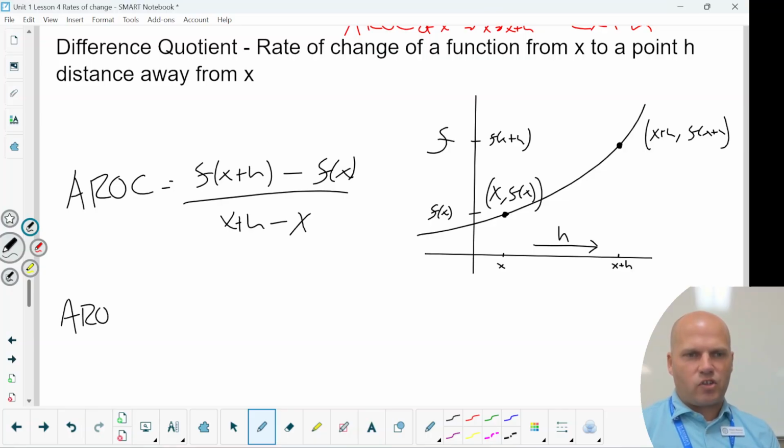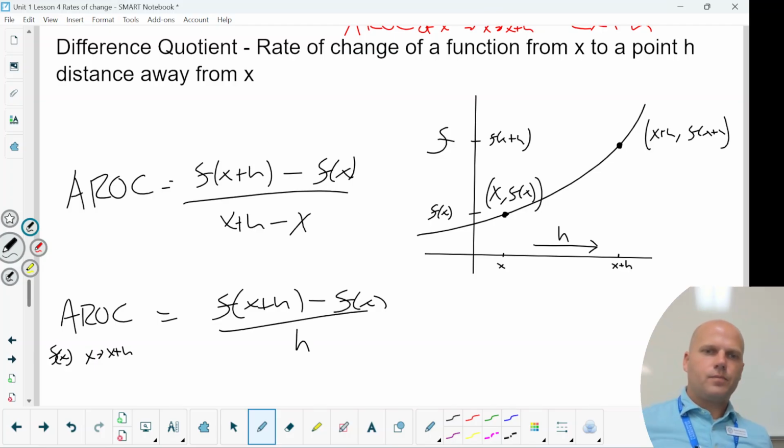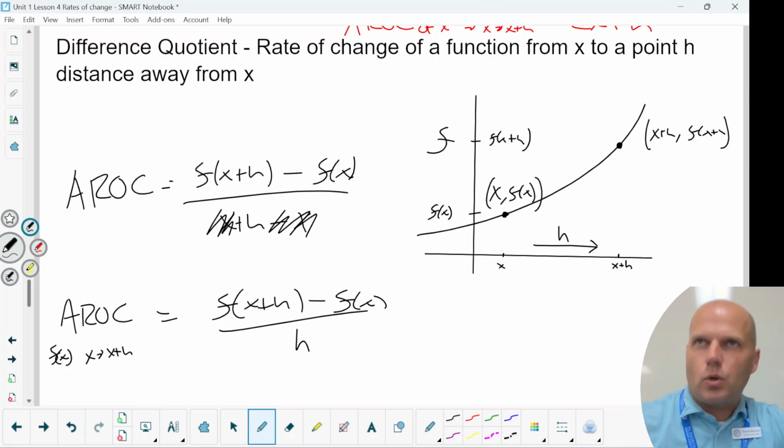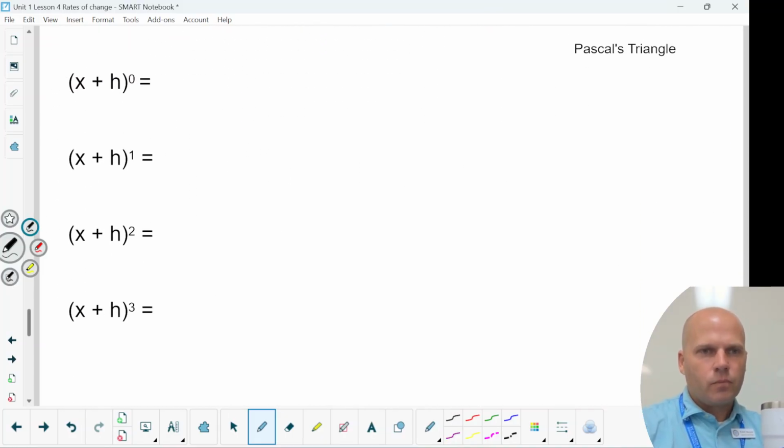So an average rate of change of a function from x to a point h distance away, you can say is always going to be this. Done, because the x's will always cancel. And we can use this if I'm giving you a lot of different average rate of change questions about the same thing. And we're going to practice doing it.